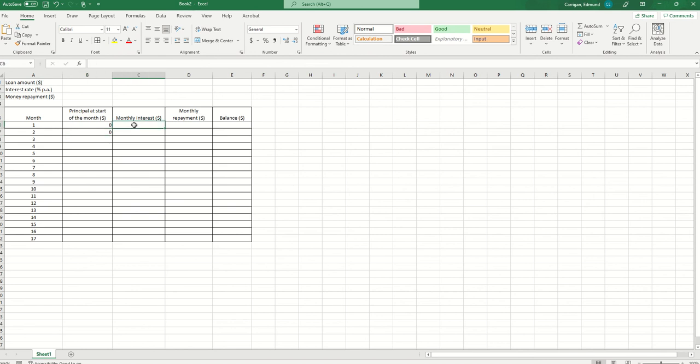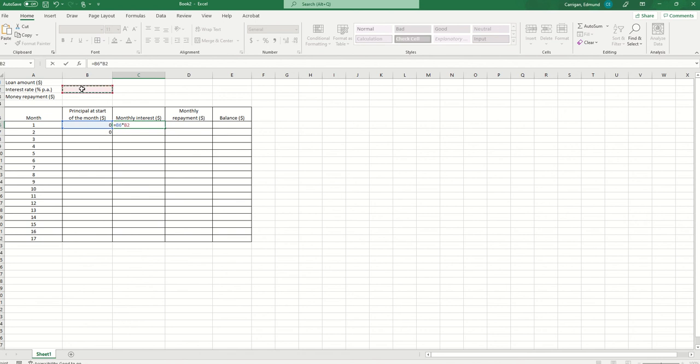Now my monthly interest is going to be equal to the amount I owe, so the principal at the start of the month, the B6, and then times my interest rate up here.